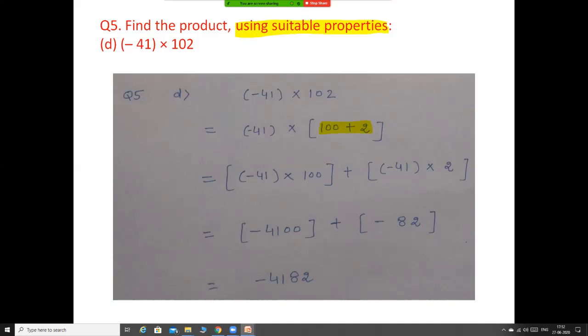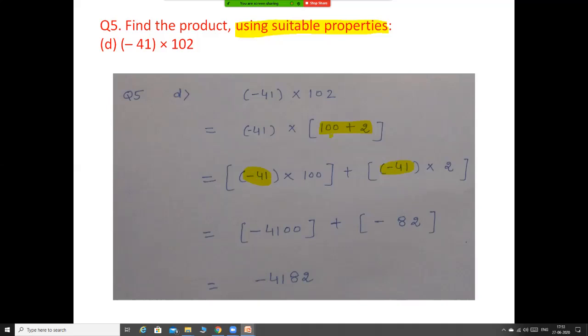So now in the next step, I'm going to multiply using the distributive property. Minus 41 is multiplied first with 100. Then minus 41 in the next bracket is multiplied with this 2.